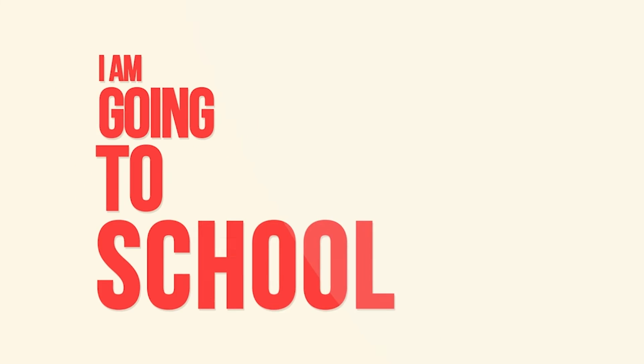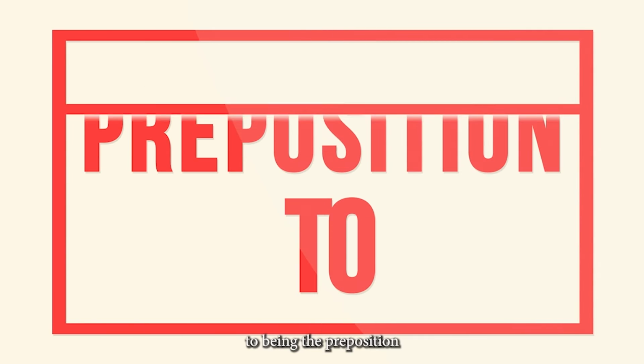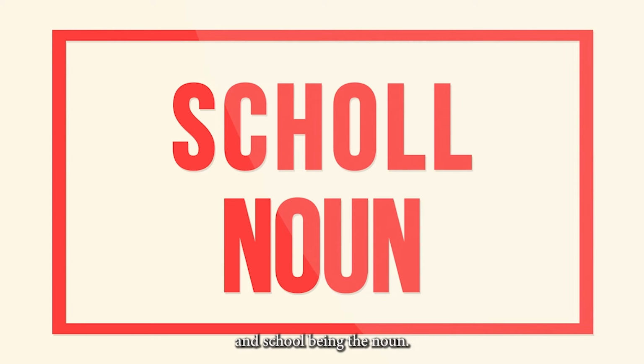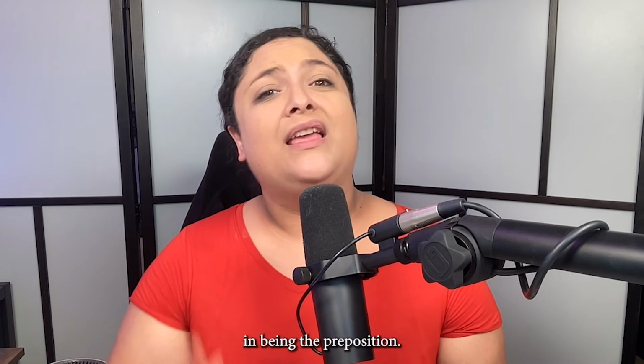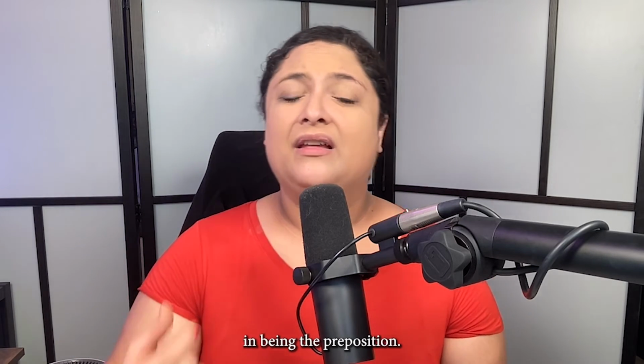For an example, I'm going to school. To being the preposition and school being the noun. My birthday is in July. In being the preposition, July being a noun.